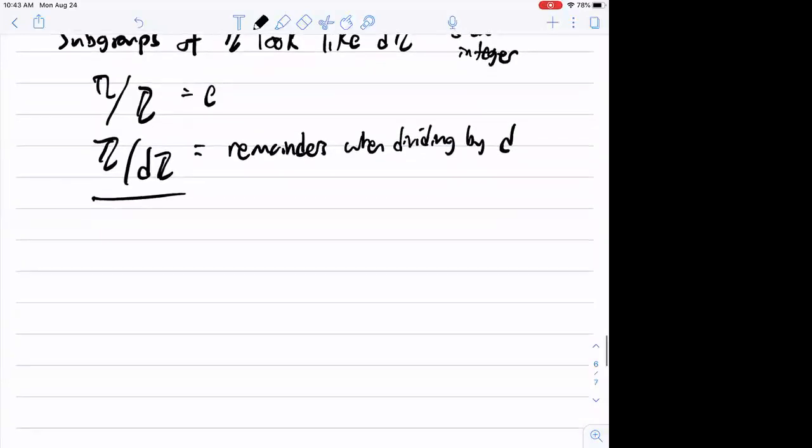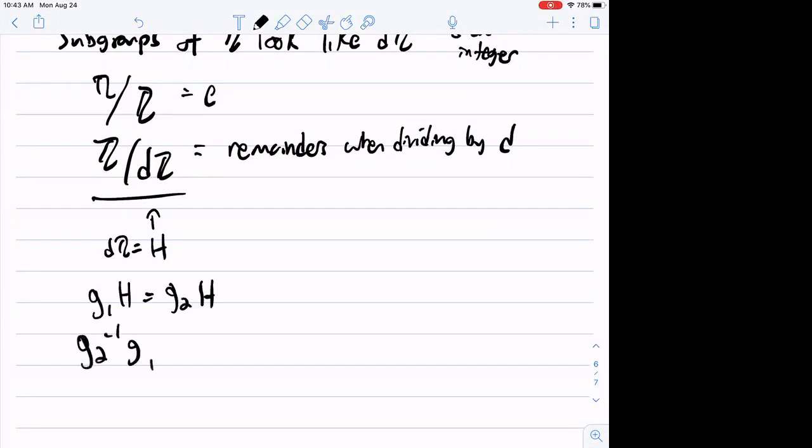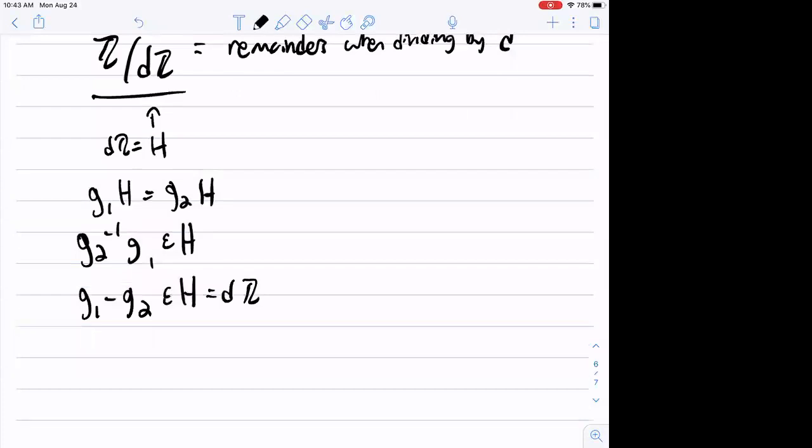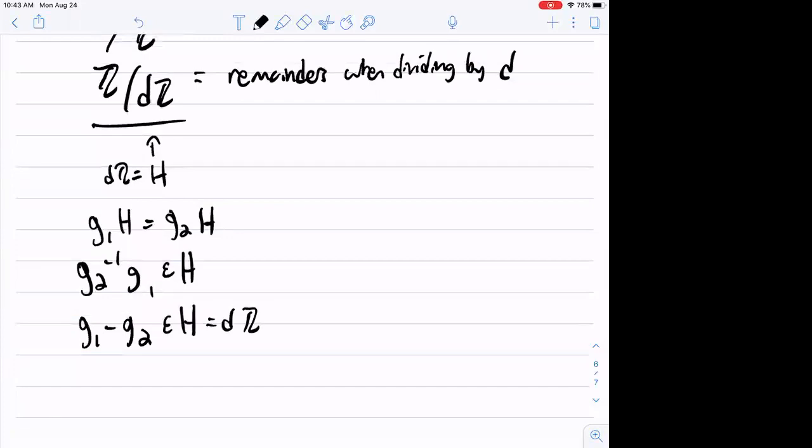If I call dZ equal to H, what does it mean for G1H to equal G2H? It means G2 inverse G1 is in H, right? But this means, again, as we wrote before, G1 minus G2 is in H, but this is dZ, right? So this just means the difference of the two numbers is a multiple of d. And that's exactly how you checked, right?